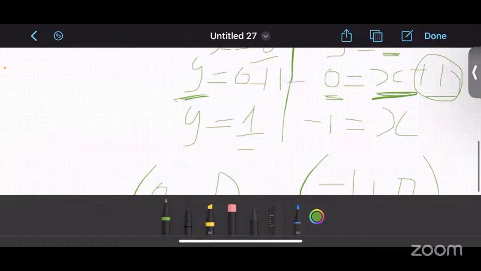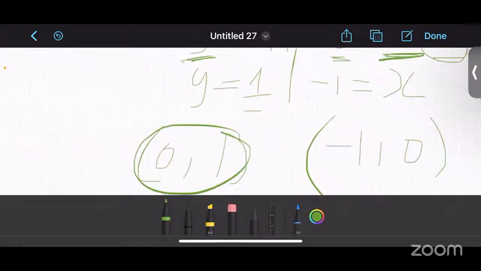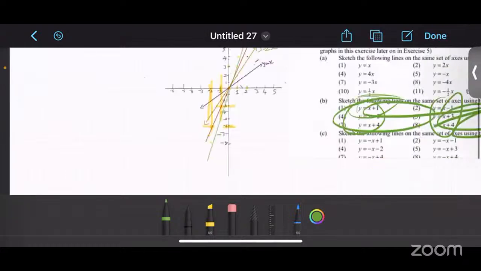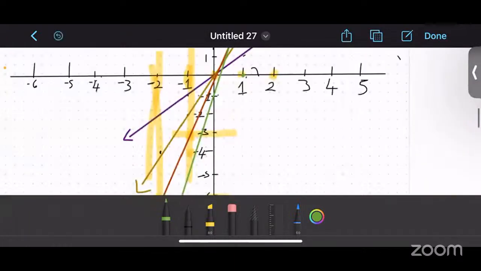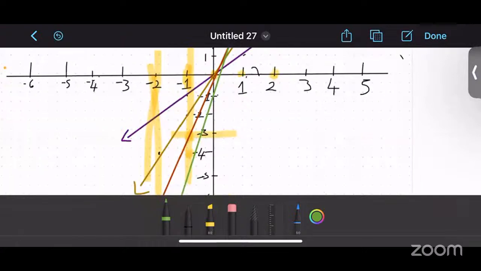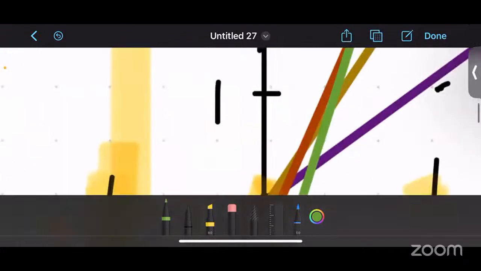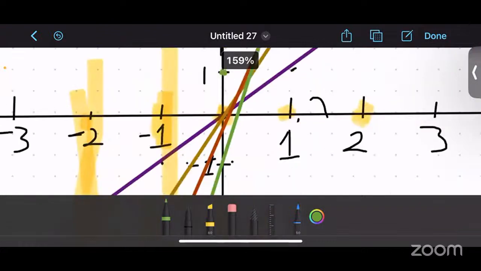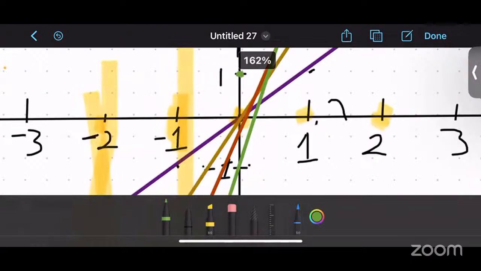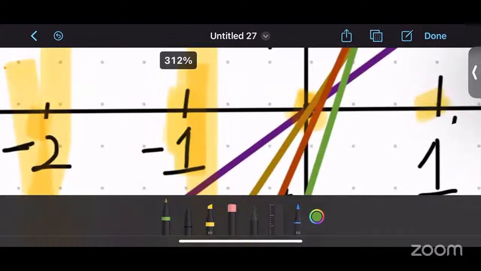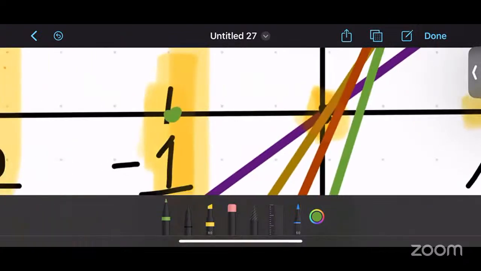So I have 0 and 1 and minus 1 and 0. 0 and 1, not 1 and 0. 0 and 1, which is here. That is our positive 1. And we also have a minus 1 and 0.